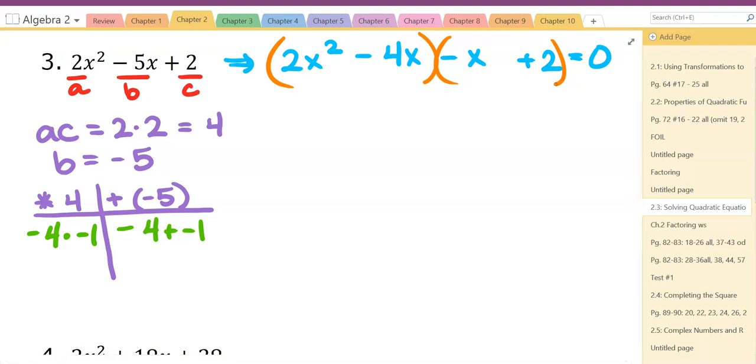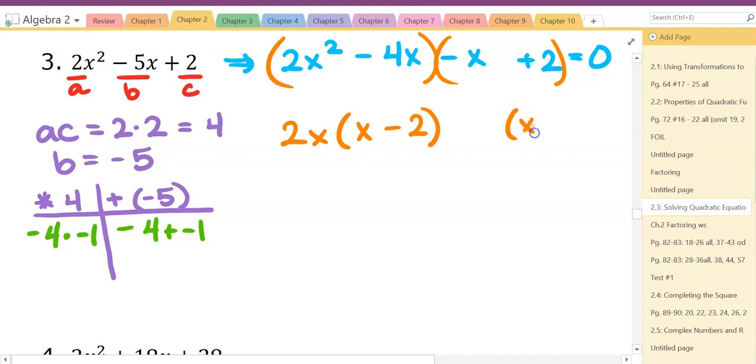So looking at my first grouping, 2x squared and then the minus 4x, what can I take out? 2x. And what would be left if I take out 2x? x minus 2. Now, what do I need to take out of the second set so that I get x minus 2? Good, negative 1. So I'm going to write that in, minus 1, instead of just a minus sign. So then we take 2x and the minus 1.